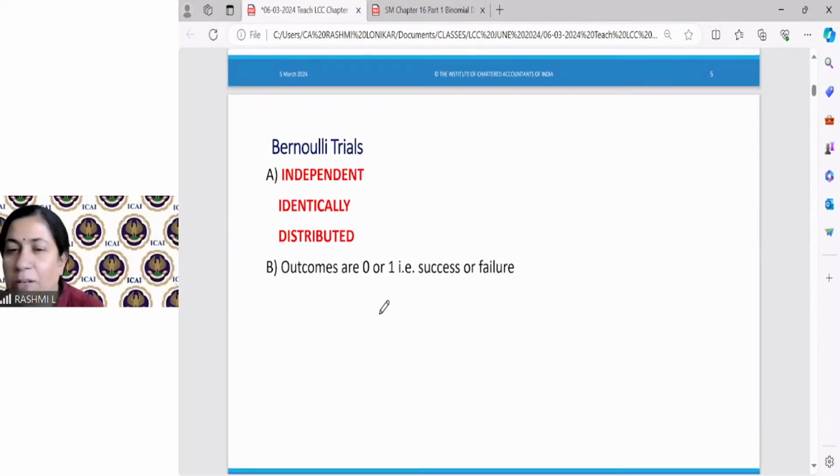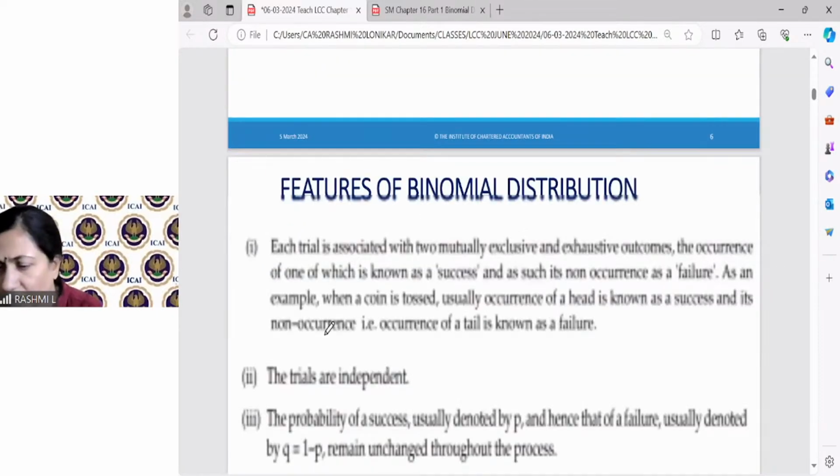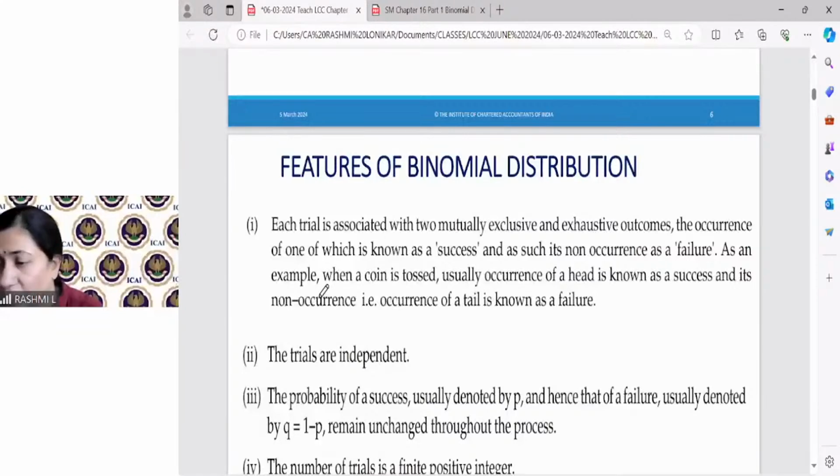Binomial comes from the Bernoulli trials, which are independent, identically distributed, and the outcomes are 0 and 1. Then we talked about the features of binomial: success and failure, and that trials are independent.